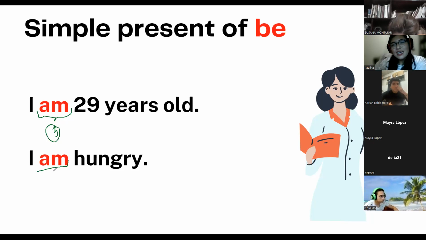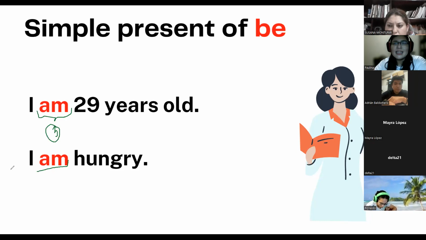Entonces, en esos 3 casos, para ser, para estar y para alguna condición que tengo hambre, tengo sed, tengo frío, tengo calor, voy a usar am en los 3 casos. I am Paulina, I am a teacher, I am hungry, I am happy, I am in Chihuahua. For all of those different situations, I always use the same verb, which is be.